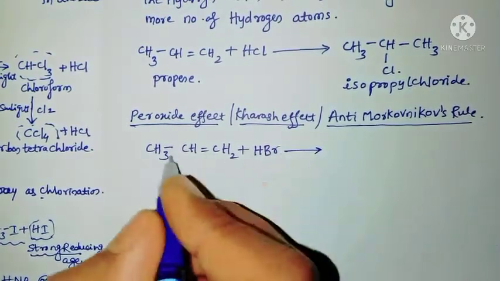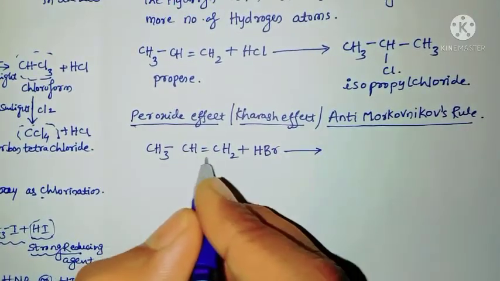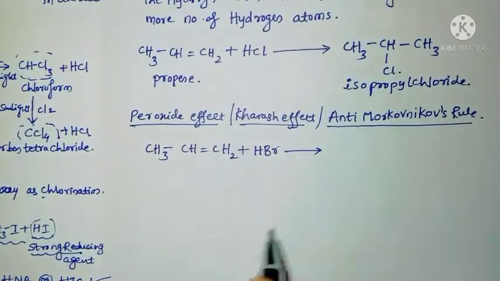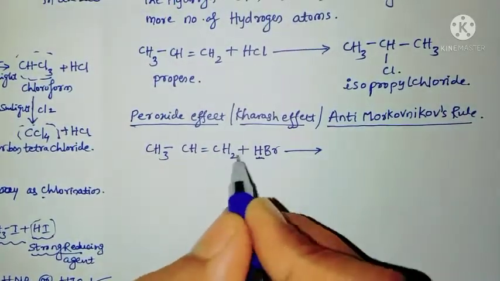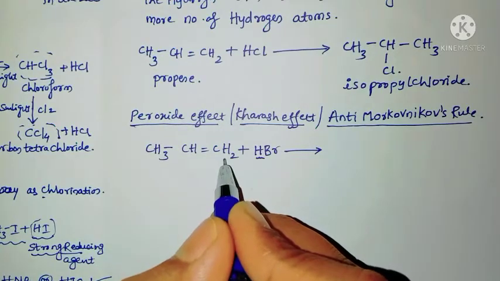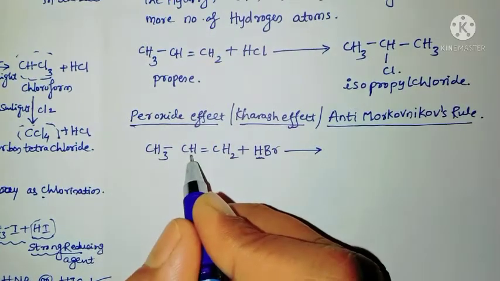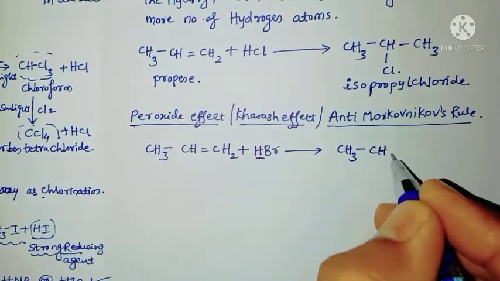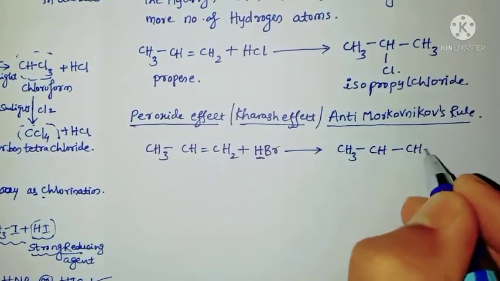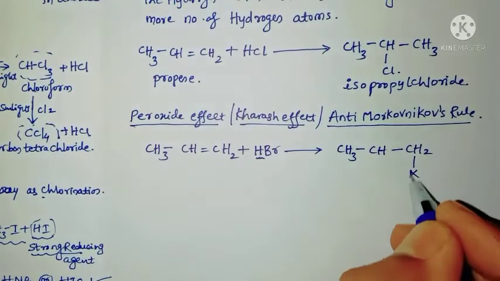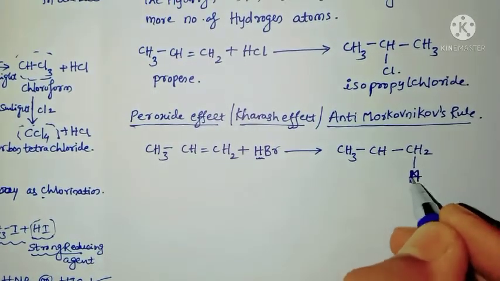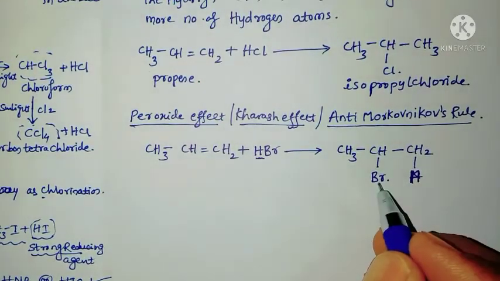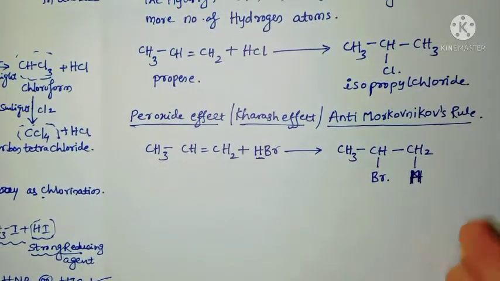This is an unsymmetrical alkene, and addition takes place according to Markovnikov's rule. Here H goes to the carbon which has the more number of hydrogen atoms, and Br goes to the carbon which has the fewer hydrogen atoms. So CH3CH, then single bond CH2: Br is attached to this carbon, and H comes here.